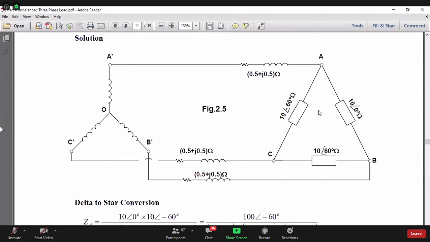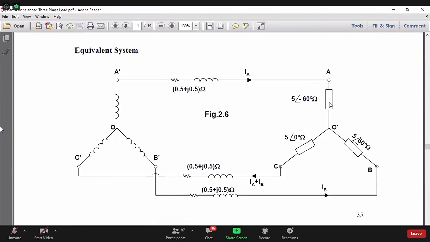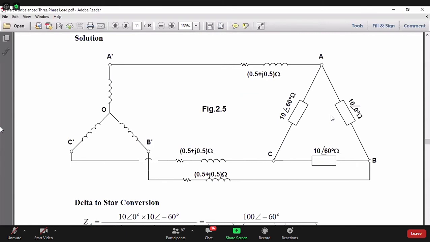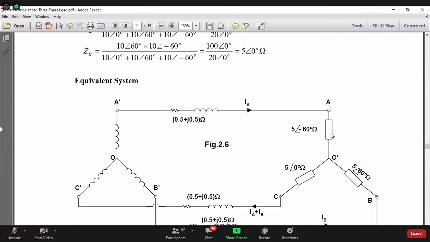The only difference is that if it is three-wire star, straight away we add this impedance to the phase impedance. If it is three-wire delta, first we convert the delta to star and then add the impedance with the equivalent phase. That's the only difference, and then you can solve it. So any circuit you can solve using this.